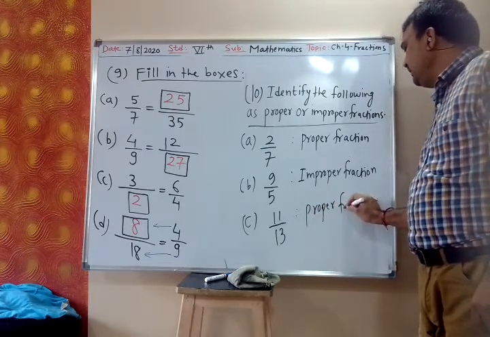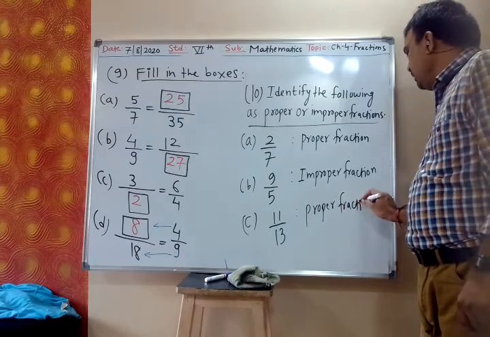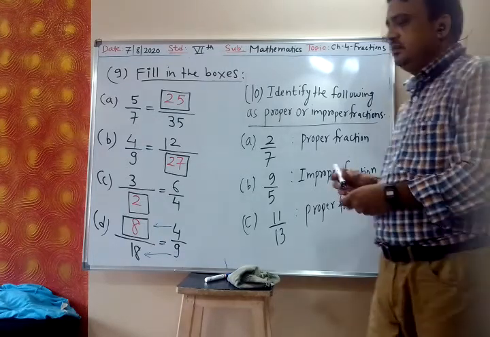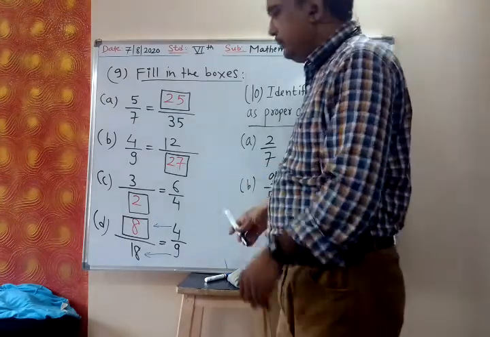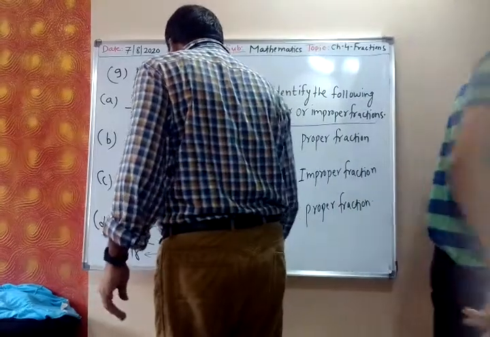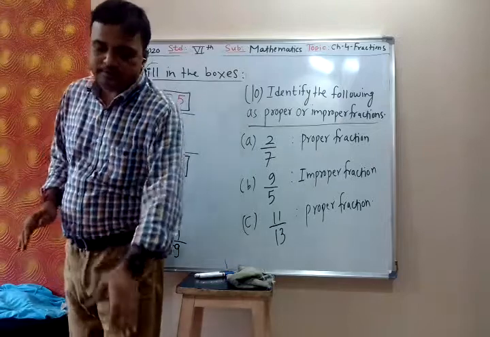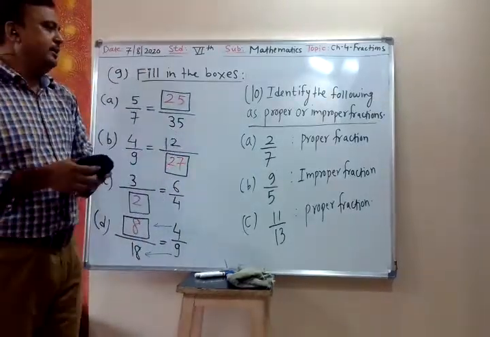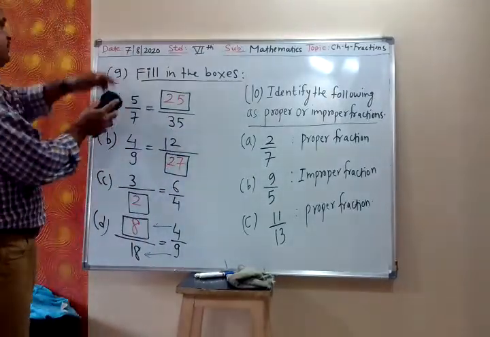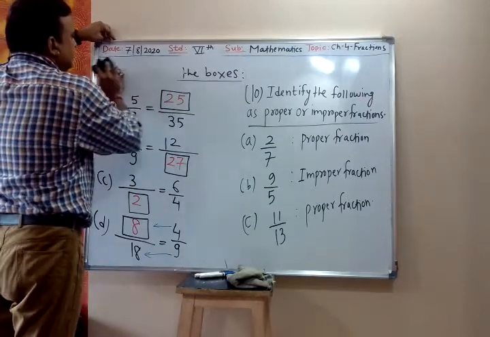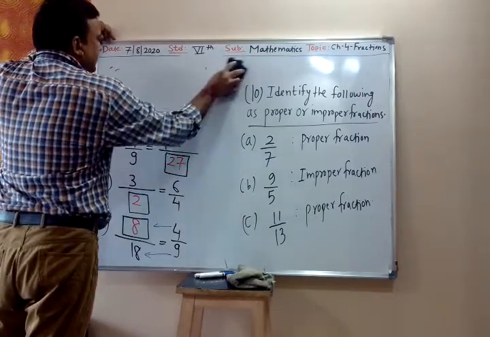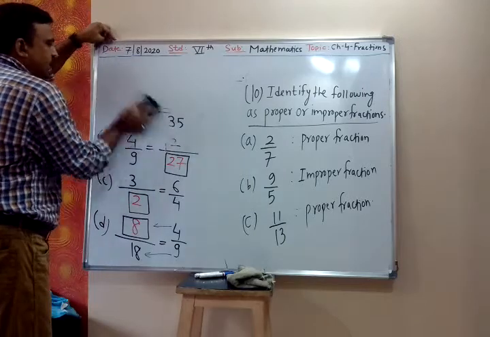Whenever denominator is bigger than numerator, or numerator is smaller than denominator, it is proper. Whenever denominator is smaller, then it is improper. And this we have defined in proper and improper fraction.